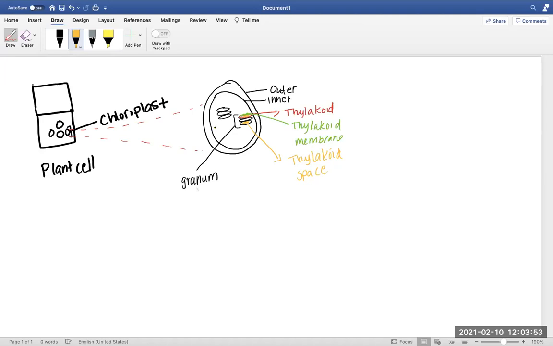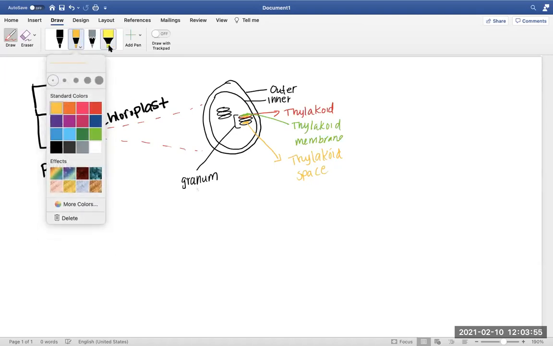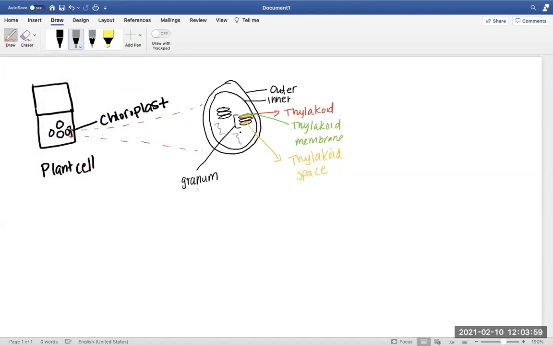There's this fluid that's found in here. You guys remember what that is called? Stroma. So I'm gonna just put fluid in brackets. And that's called stroma.